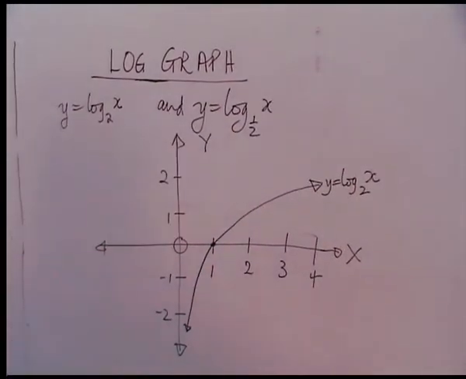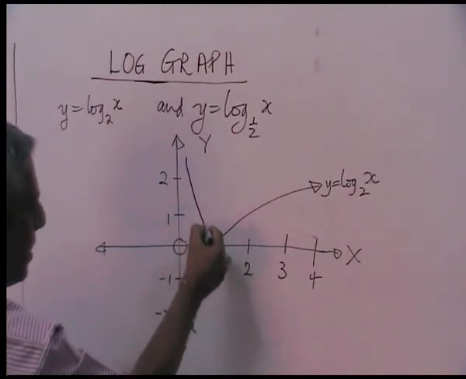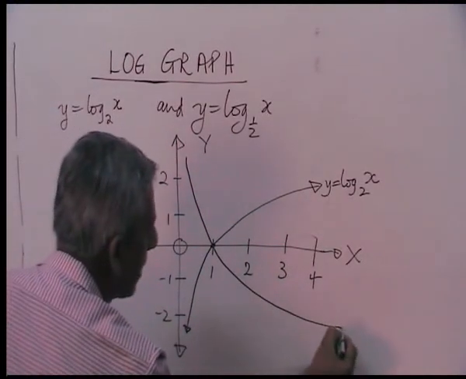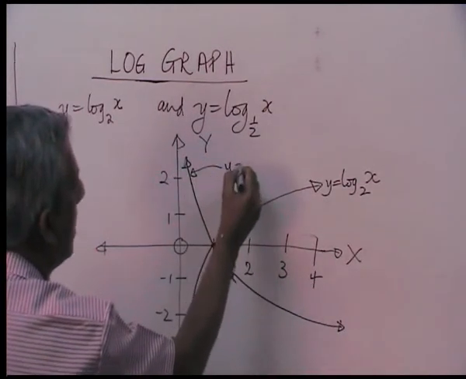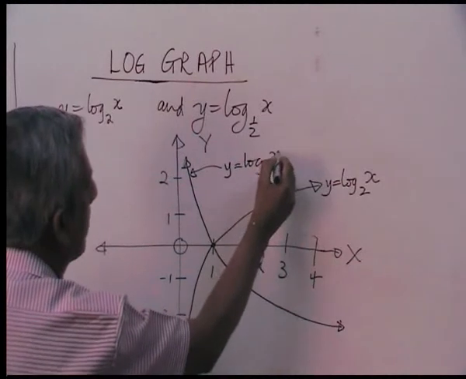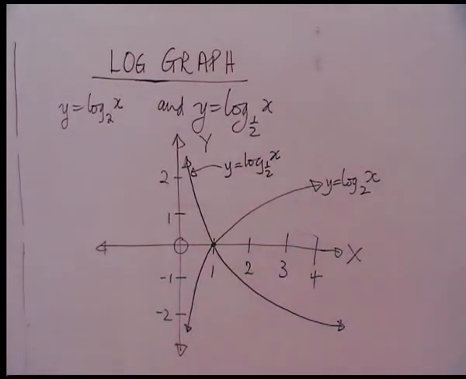If you draw the second one, then the shape is like this. It goes this way, down here, out this way. And that's the graph of y is equal to log of x to the base half. Alright? So that's the two graphs drawn together to give you a picture and for comparison.